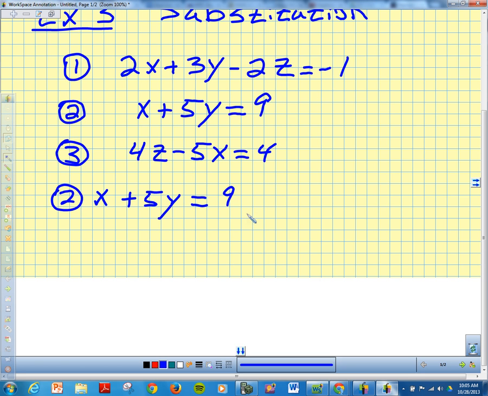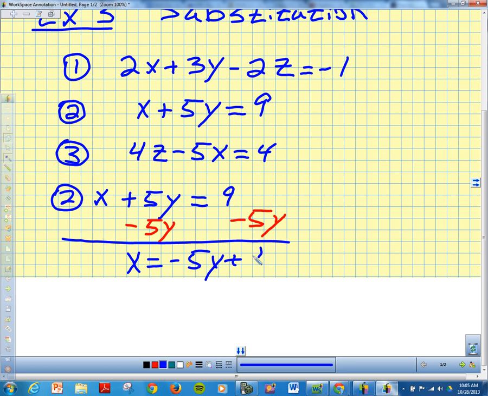If I move one number to the other side of the equal sign, the sign switches. That's all that happens. And the proof of that is just by showing the step. But if you can realize that and you don't want to show this step, I'm totally fine with that. So x equals negative 5y plus 9.